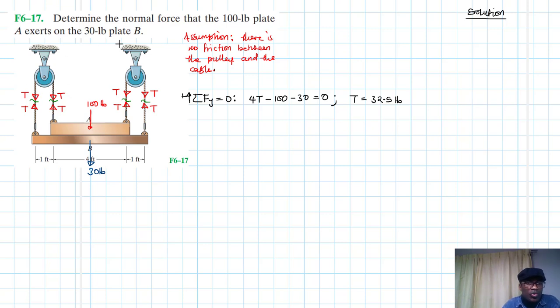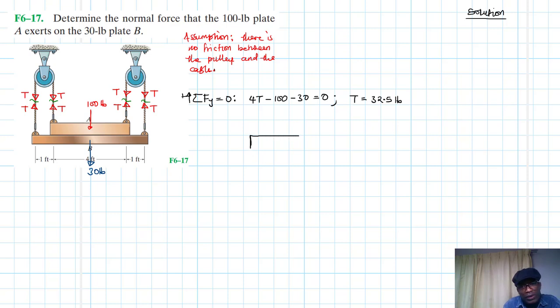So now let's come to our question. We have been asked to determine the normal force that a 100 pounds plate A exerts on B. Alright, let's draw this.